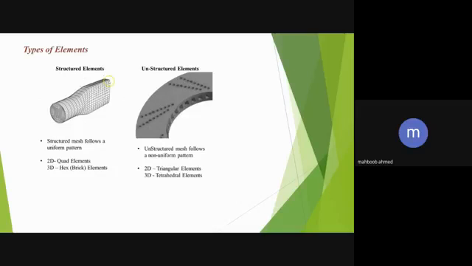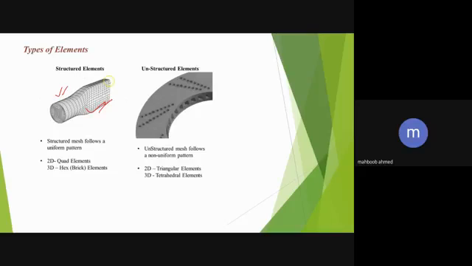Structured elements are always preferable, because you can see this one is very neat and clean, but this is very haphazard. So it is always preferred, but it is always difficult to create.